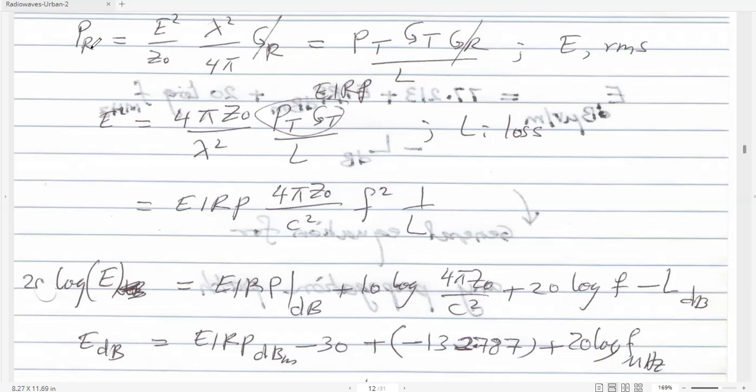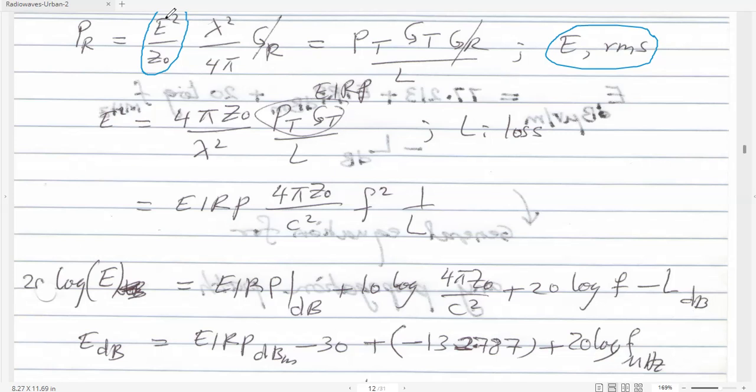The received power is equal to the power density near the receiver, radiation power density, E squared over Z naught. E is the RMS value of the field near the receiving antenna, and Z naught is the intrinsic impedance of free space, which is 120 pi ohm or 377 ohm, or Z naught is the intrinsic impedance of the medium, whatever medium.